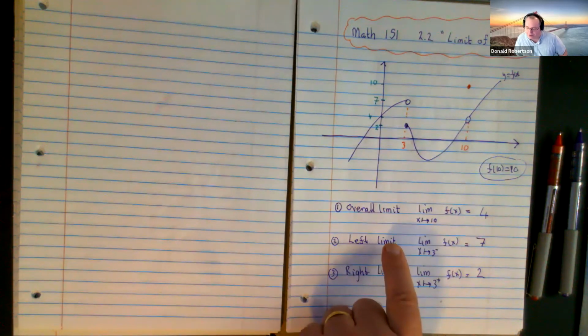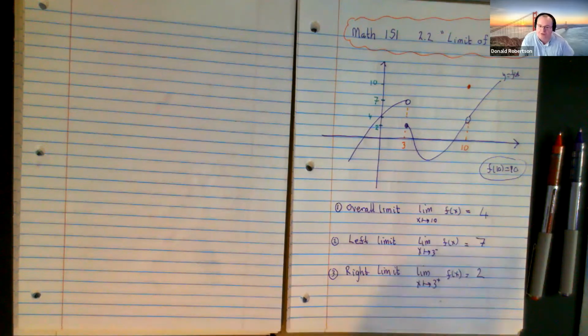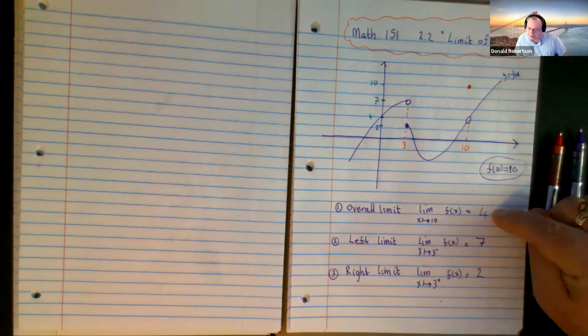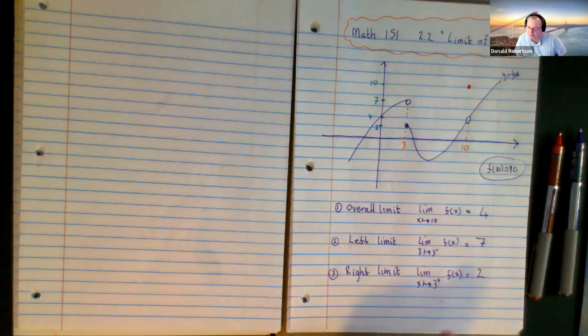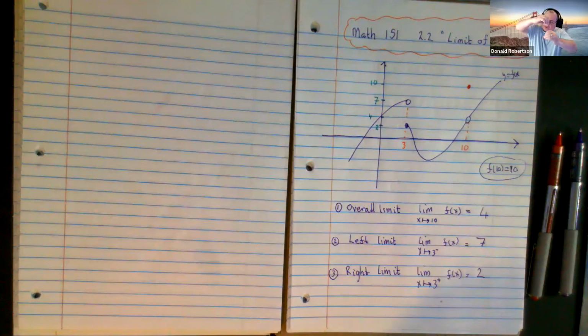So if you have a left limit and a right limit, which we have here, but they are not the same number, not the same place, then you will never have an overall limit. On the other hand, if these two are the same, as they are here, you will have an overall limit. So can you imagine a piecewise function where the two pieces come together? If the two pieces come together, you've got an overall limit.